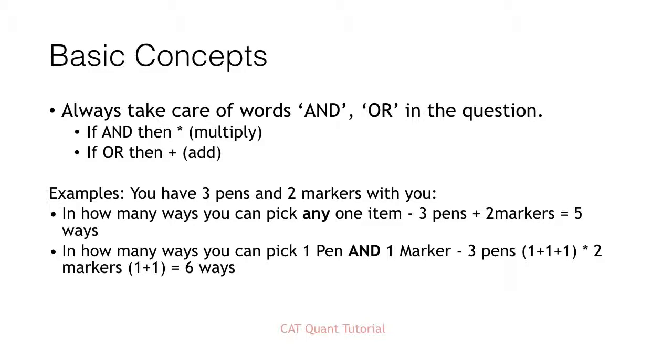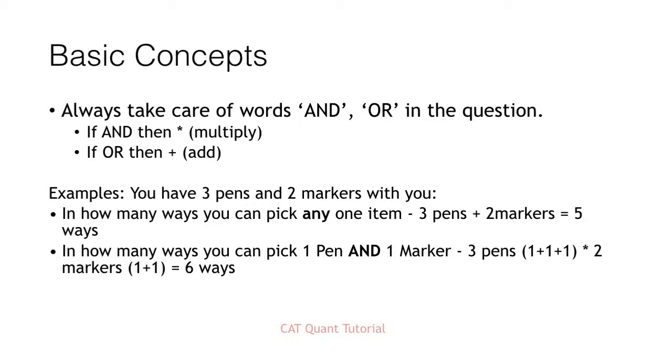Now, the important part of the whole thing is the AND here. I need to pick one pen and one marker, so I need to multiply. 3 pens can be picked in 3 ways, one marker can be picked in 2 ways. So 3 multiplied by 2 is a total of 6 ways.